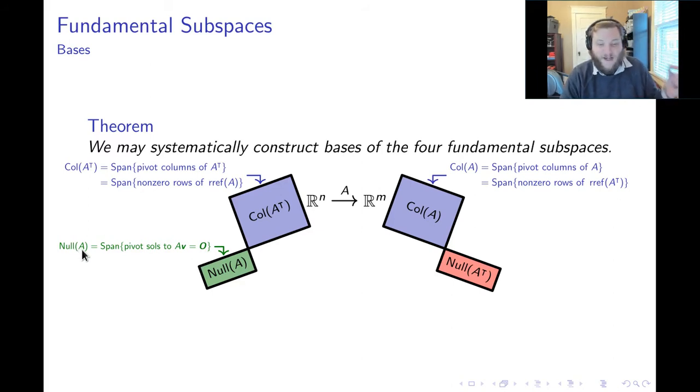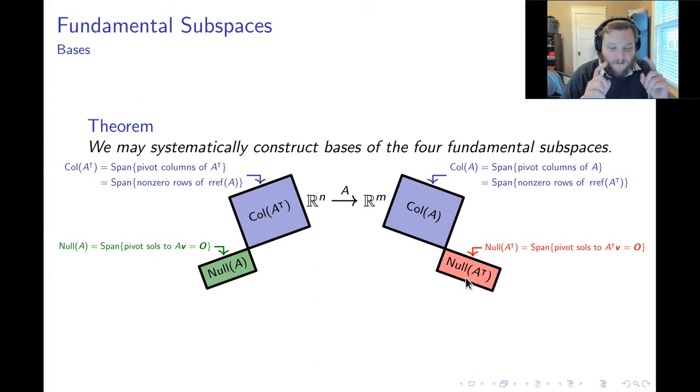So to find a basis for the null space, we just row reduce the matrix, write the dependent in terms of the free variables, and then look at the pivot solutions as a list of vectors, and that will give a basis. And of course, studying the null space of the transpose, so the left null space of a matrix, is the same thing, except I'm no longer studying A times v equals the 0 vector.